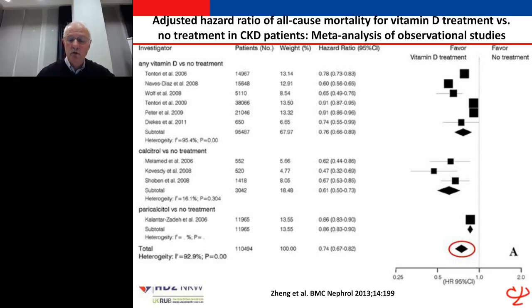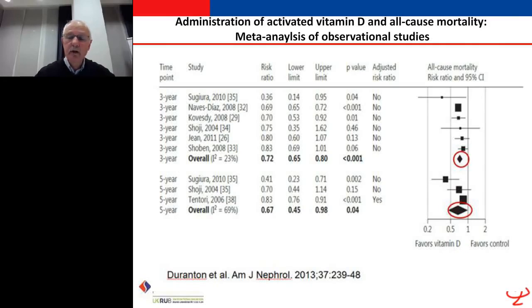And another meta-analysis on activated vitamin D and all-cause mortality could show that there was an effect over a time period of 3 years and also of 5 years, and the risk ratio was reduced by approximately one third.